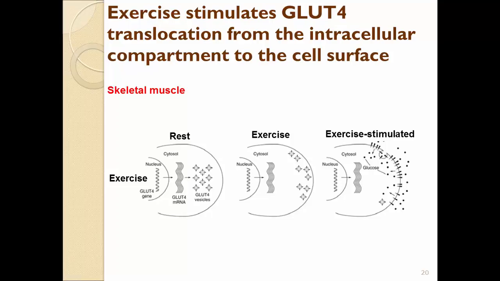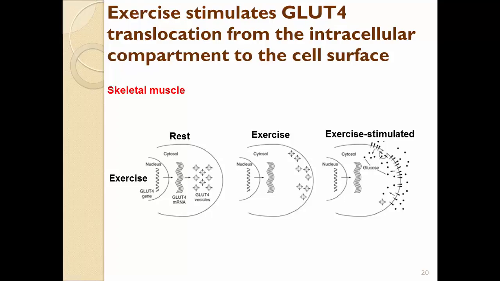One is insulin, during different physiological conditions. Under fed condition, insulin will be the major driver of glucose transporter translocation. But during exercise, a non-insulin mechanism drives glucose transport into the muscle.